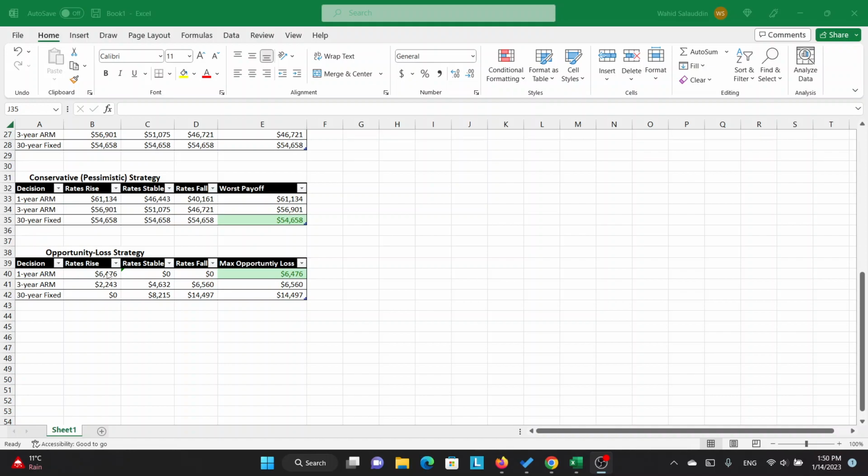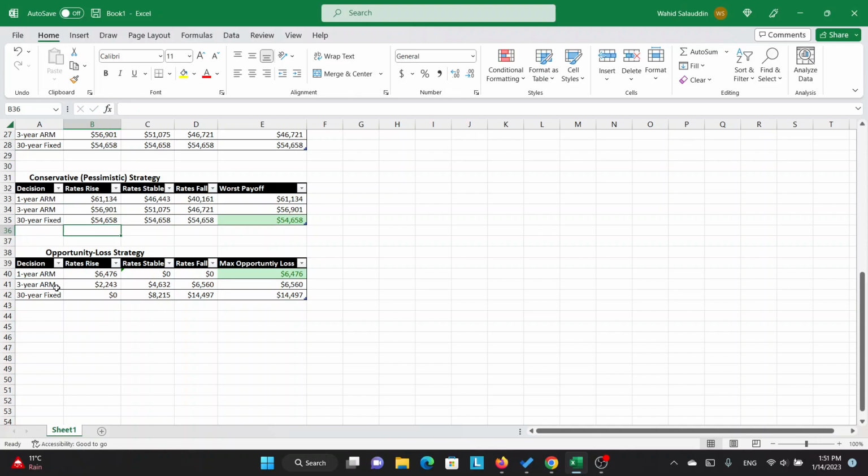The minimum is the 30-year fixed, so that's 54,658. For the 1-year ARM, the opportunity loss if the rates rise is $61,134 minus $54,658. That gives us 6,476.